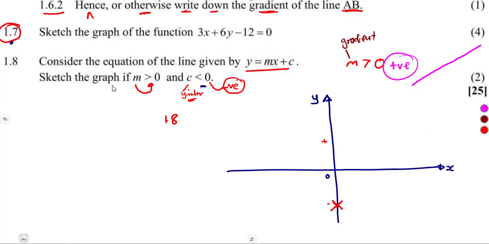But this line that we're talking about, we are told that it has a gradient which is positive, greater than 0. So I said increasing. So it means we have an increasing function from that point where it cuts the y-axis at a negative value. The function is increasing this way. So this is the sketch that you're going to have.